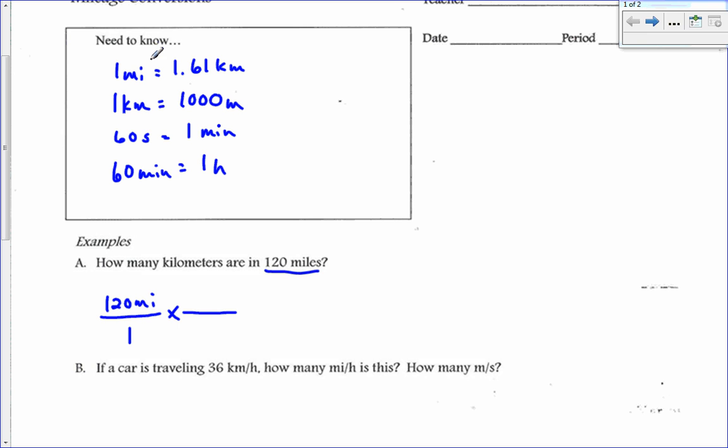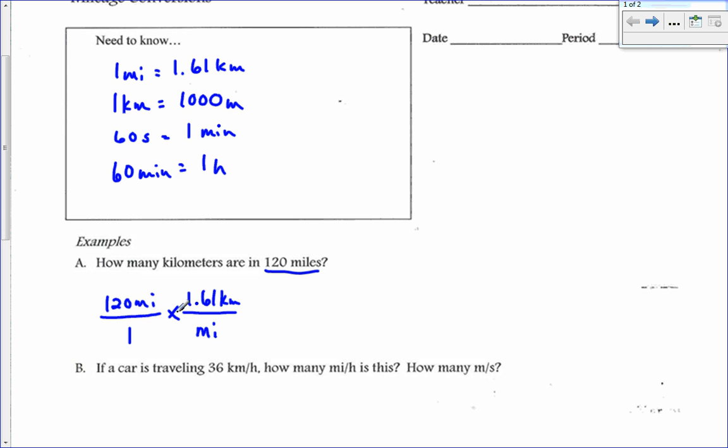The first one has both miles and kilometers, so that's one we're going to use. And you set it up on this fraction. When you do, you put the unit that you want to get rid of on the bottom. So we're going to put miles down here, and the unit that you're going toward on the top, 1.61 kilometers.